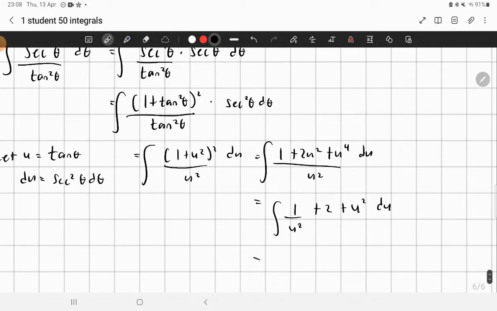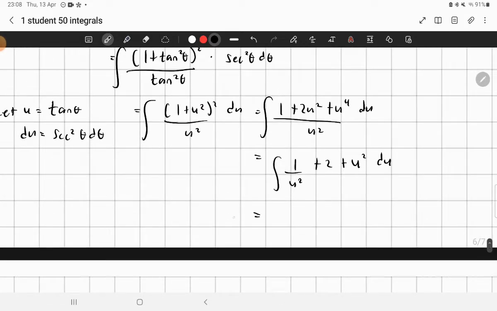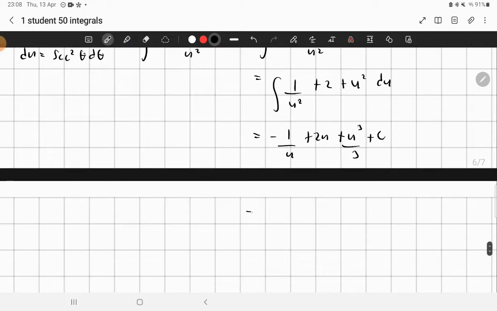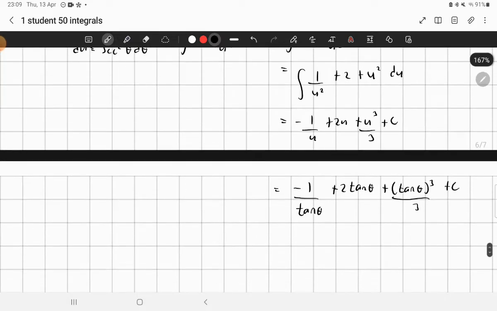Therefore, your resulting integral should be negative 1 over u plus 2u plus u to the power 3 over 3 plus c. You know that u is tangent theta, so it will be negative 1 over tangent theta plus 2 tangent theta plus tangent theta to the power 3 over 3 plus c. There you go.